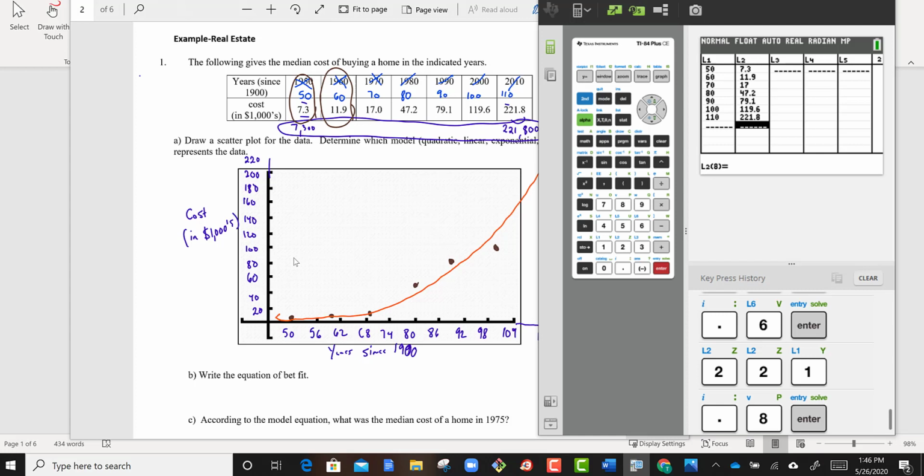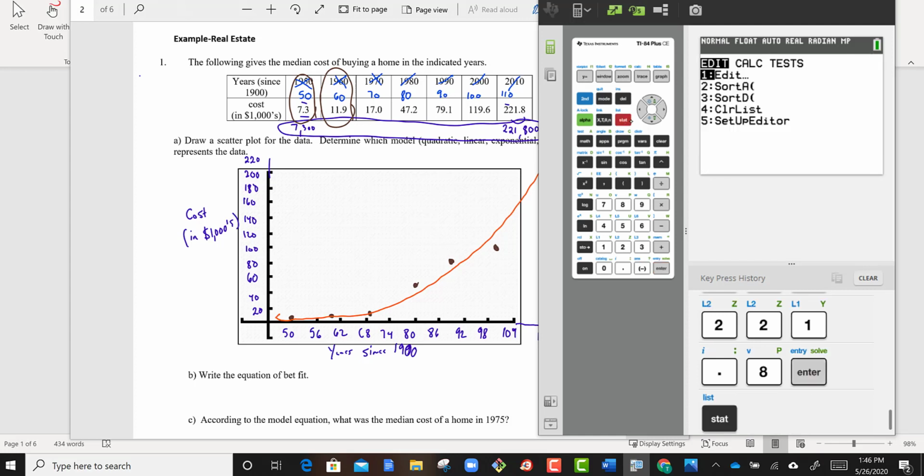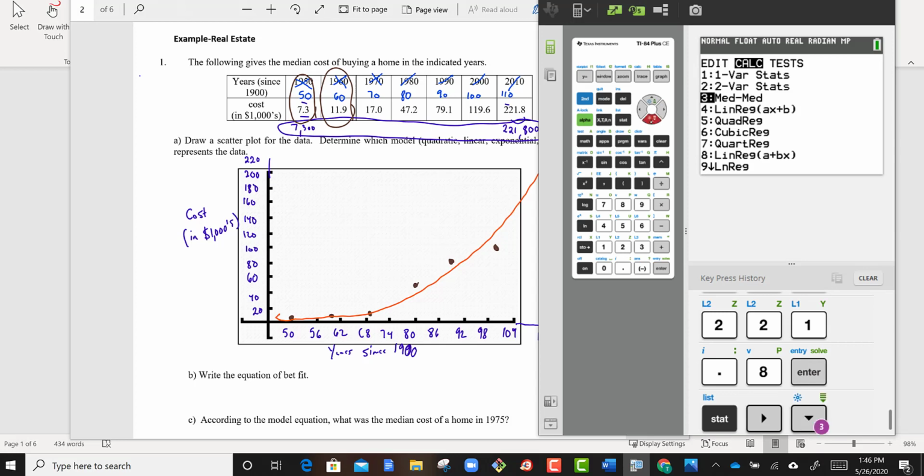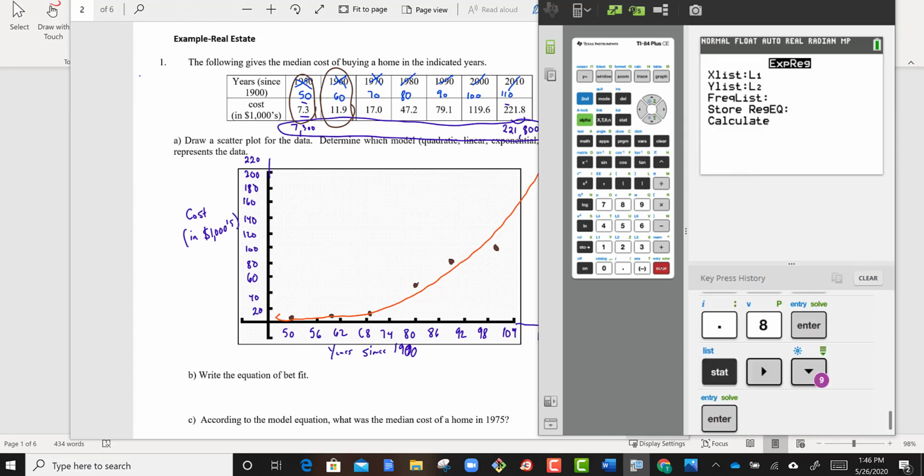So next we want to calculate the equation. So we're going to hit Stat, scroll to the right to Calc, and we're going to scroll all the way down until we find exponential regression. We're going to hit the number 0, hit enter, and really just keep hitting enter until it calculates the equation for you.